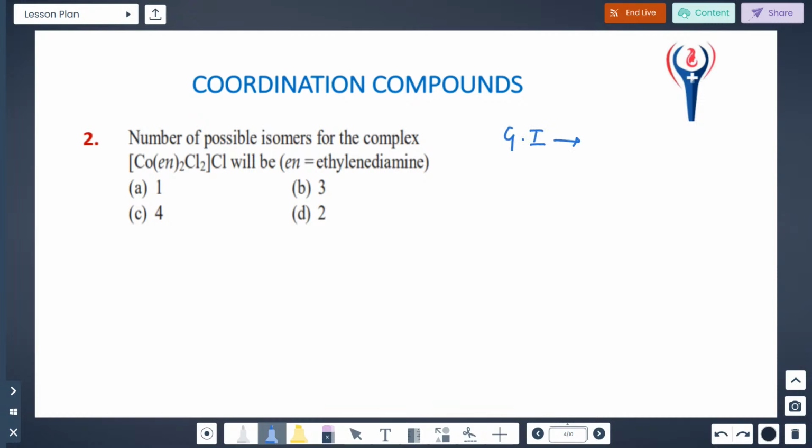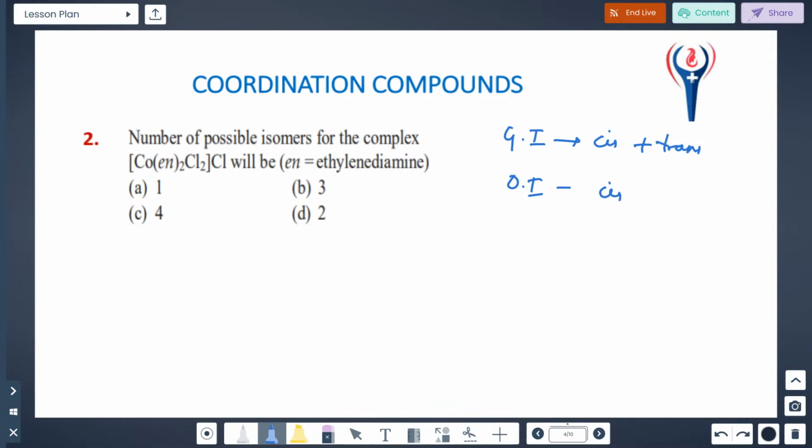In this complex we have cis as well as trans. Then optical isomer: the trans will not be optically active due to symmetry. So only the cis isomer will be the optical isomer.